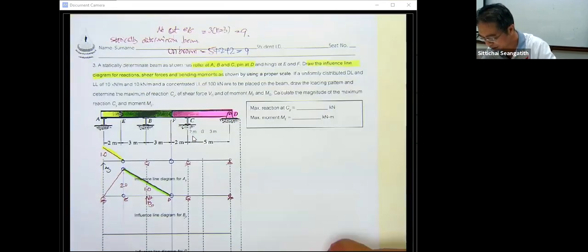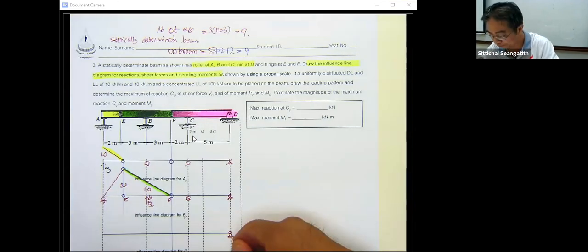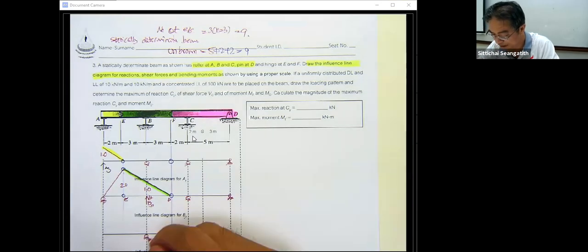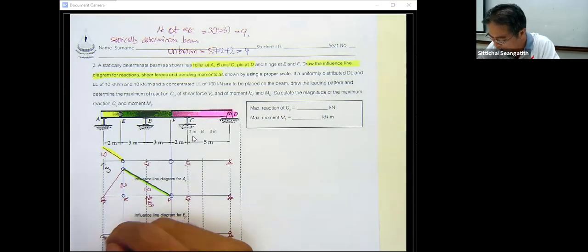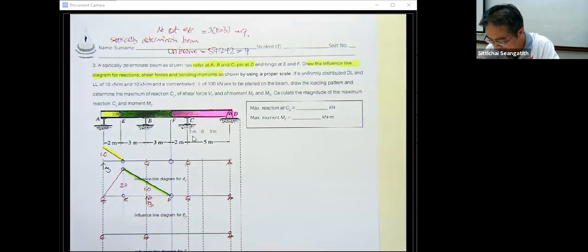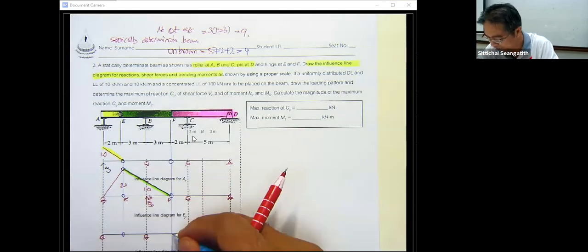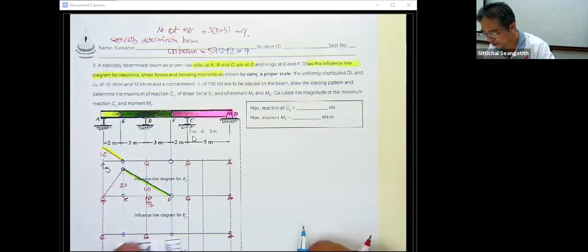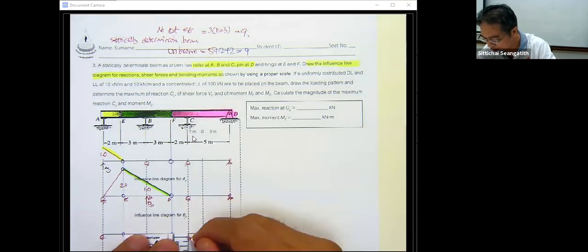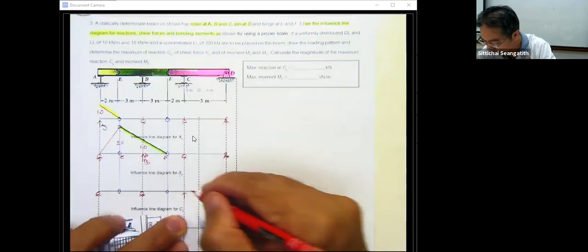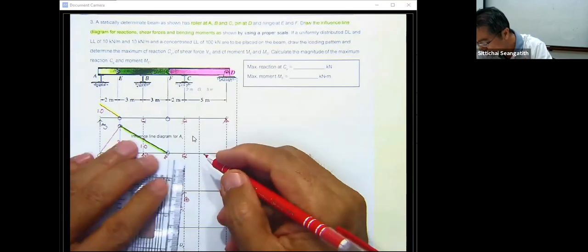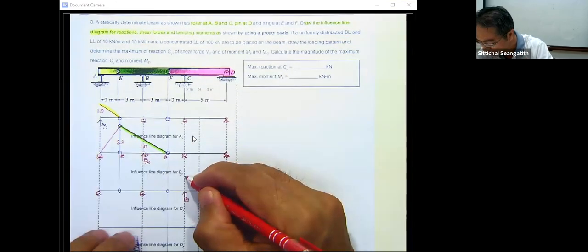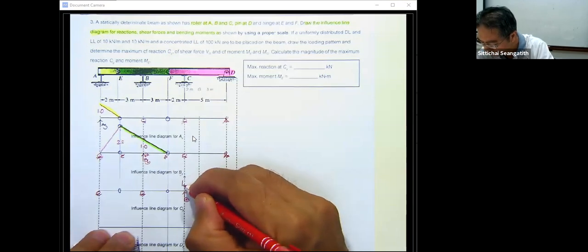And then the influence line of C sub Y, this one is going to be the same. And B is going to be the same, and A is going to be the same. And just keep this one as the pin. And we are going to move this one by the force of C sub Y, for 1 unit, up over here.